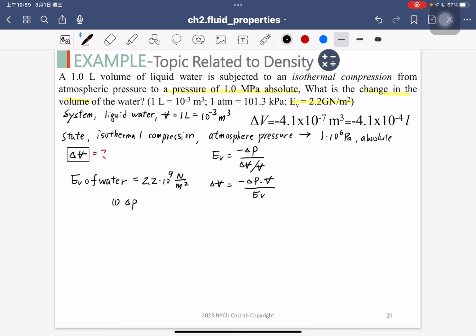We compute delta P equal to P2 minus P1.